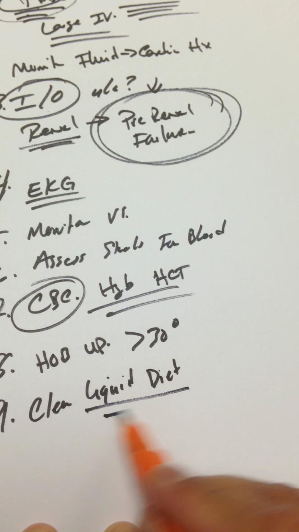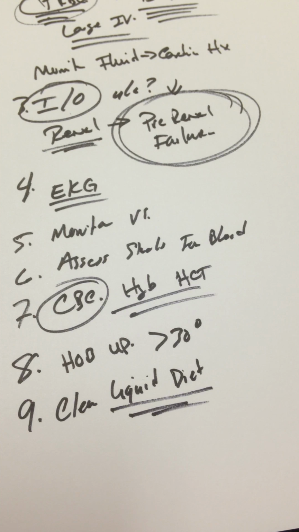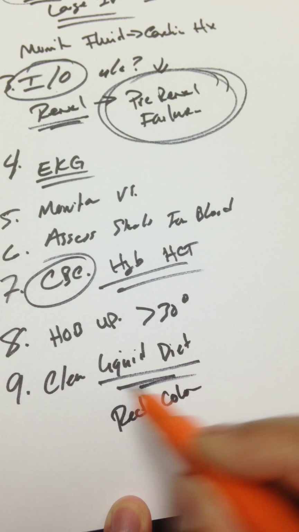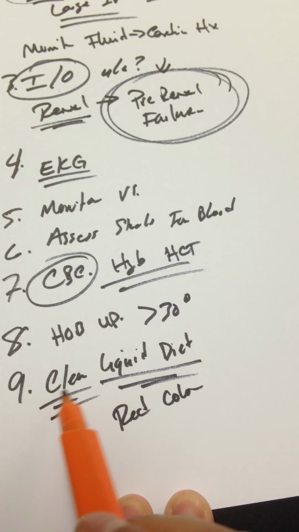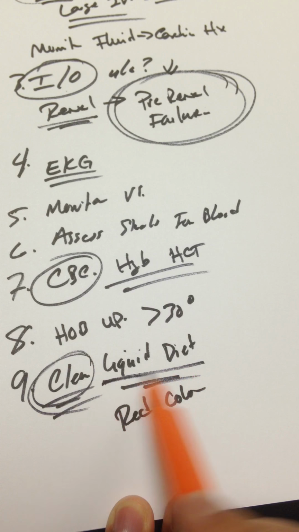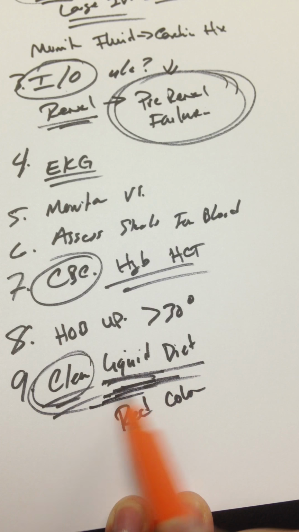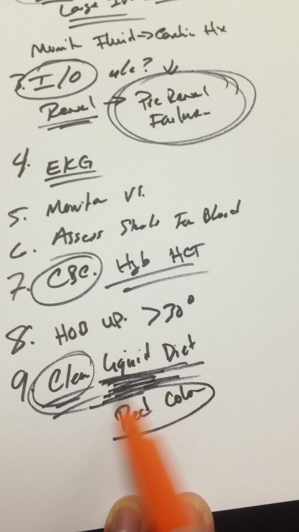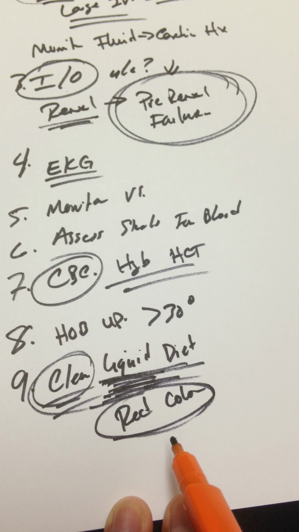But you must remember that whatever you give them, if you're giving them Jello, make sure that it is not red in color. It shouldn't really be, since you're giving clear liquids, but sometimes you have to make sure your CNA doesn't give anything in a red or purple color.